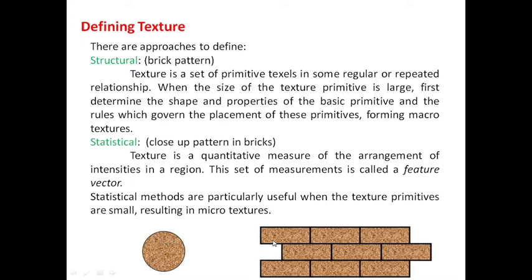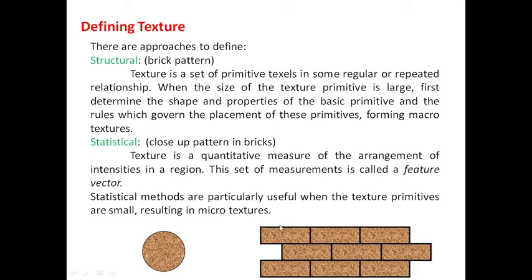If I zoom in on any of the bricks, all the bricks are nothing but textures that are repeated many number of times. Finally I have a macro texture. But inside this structural thing, I do have statistical characteristics.